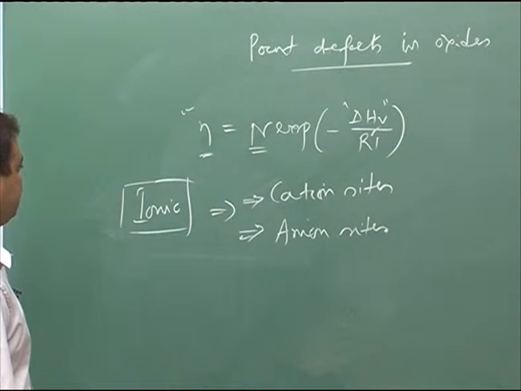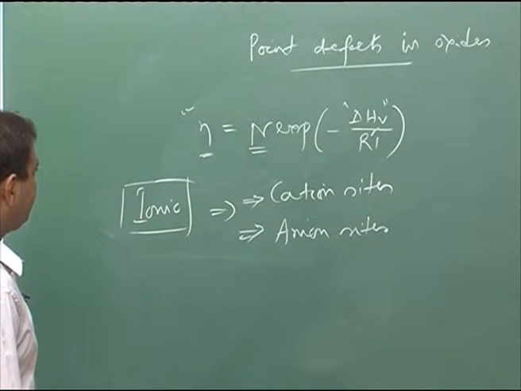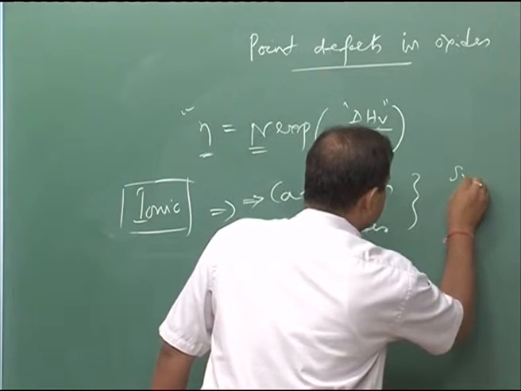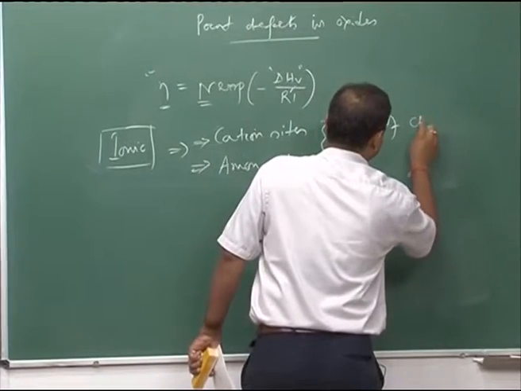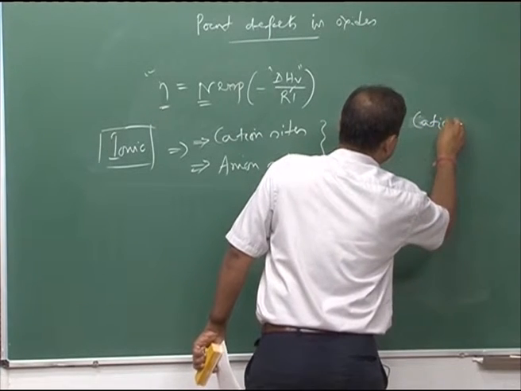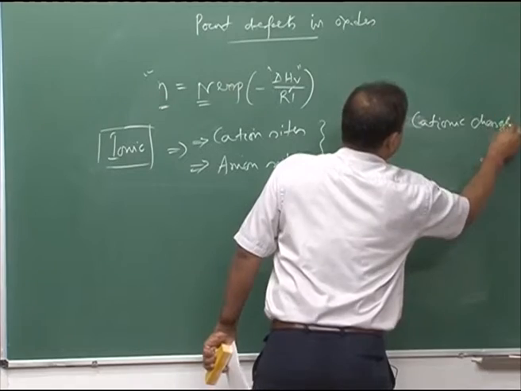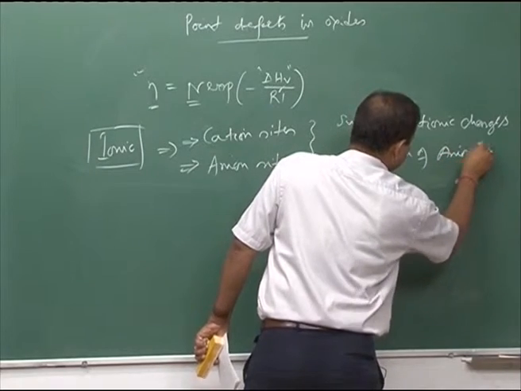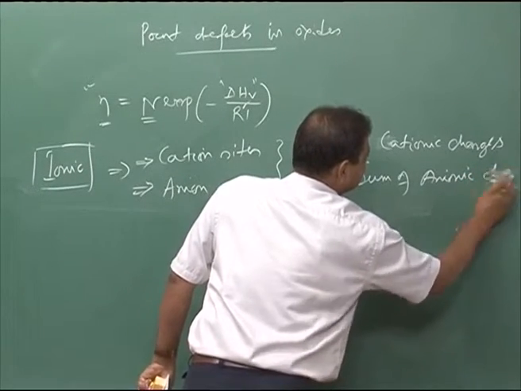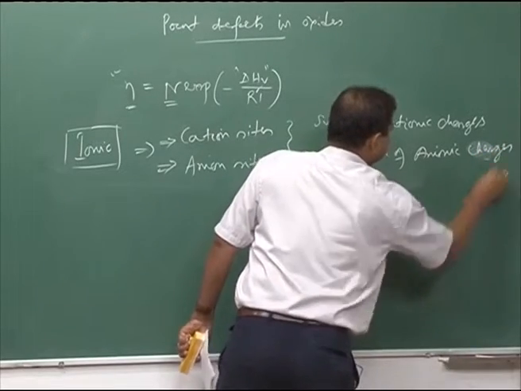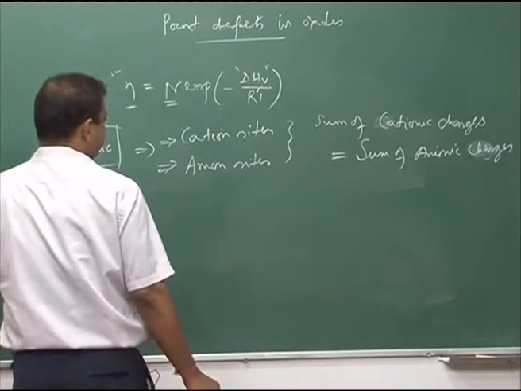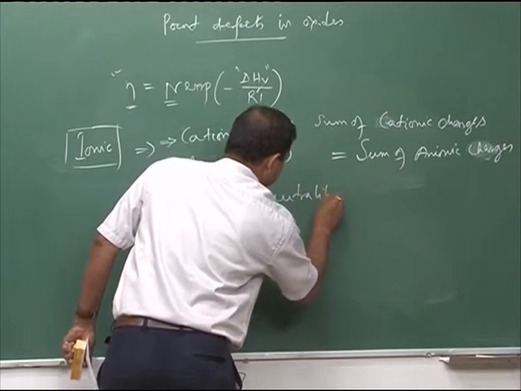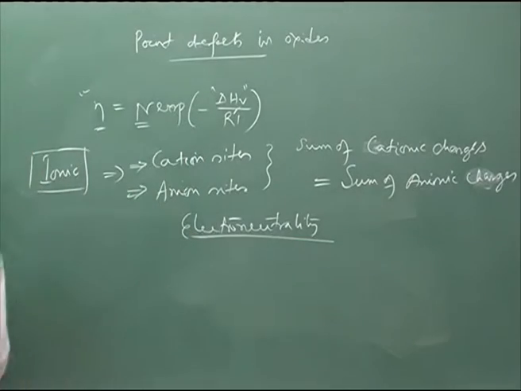But one particular consideration in the case of ionic oxide is that we always see that the sum of cationic charges would be equal to the sum of anionic charges, and of course, it will maintain electroneutrality. So, the electroneutrality would be maintained.